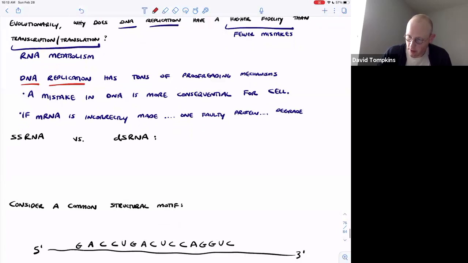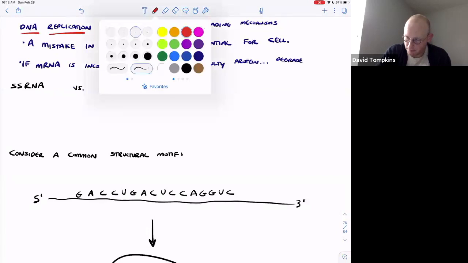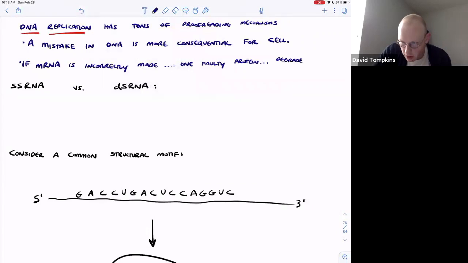So we talked about how DNA is primarily double-stranded, right, in eukaryotes. And it turns out that RNA much more commonly is single-stranded. There is double-stranded RNA, but we're not really going to see it much in this course. So that's a big fundamental difference between the secondary and tertiary structures of these nucleic acids.